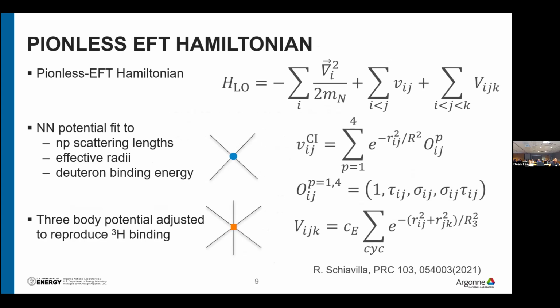Effectively, we have 2 and 3 body interactions. Our 2-body interaction includes spin and isospin dependence. The thing I want to point out is that the 3-body potential here is just fit to 3 helium binding energies.